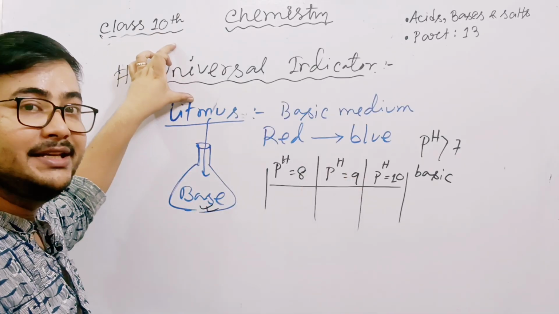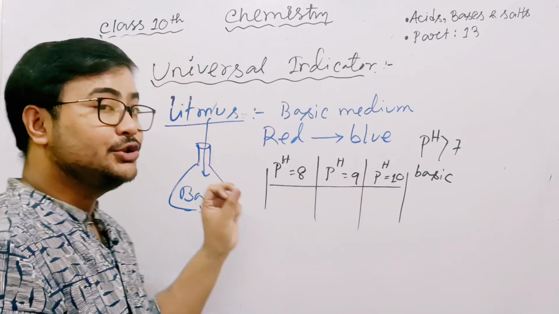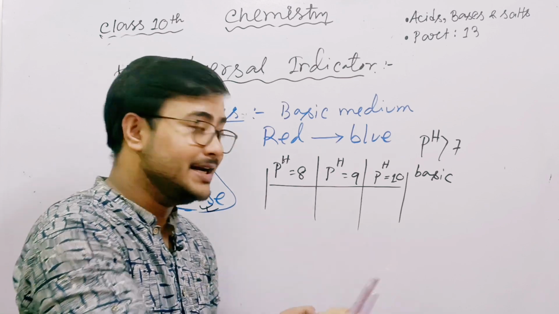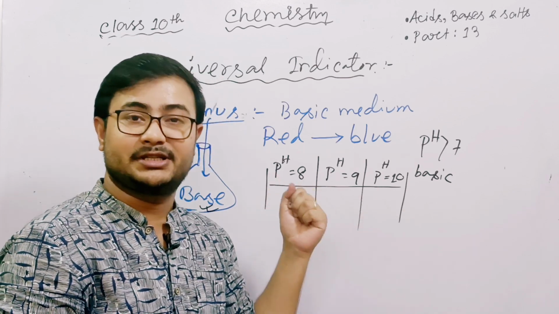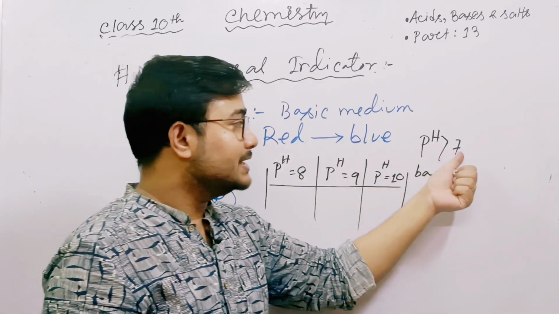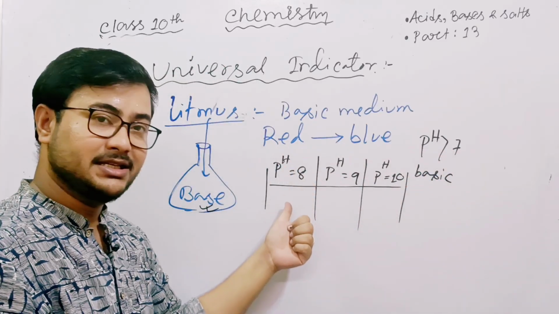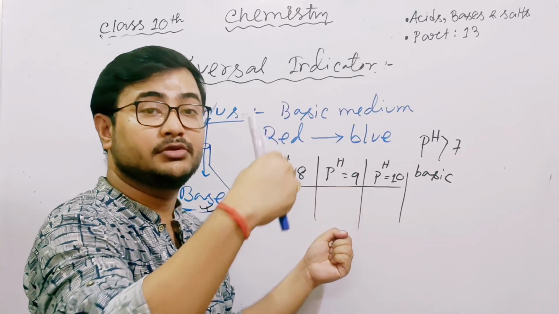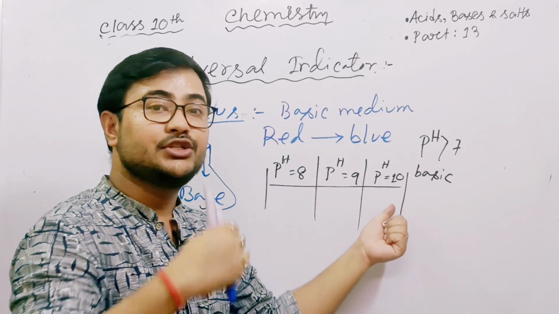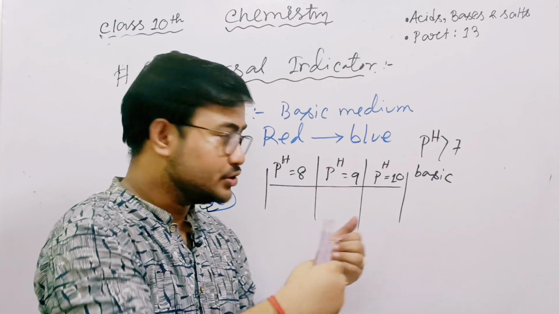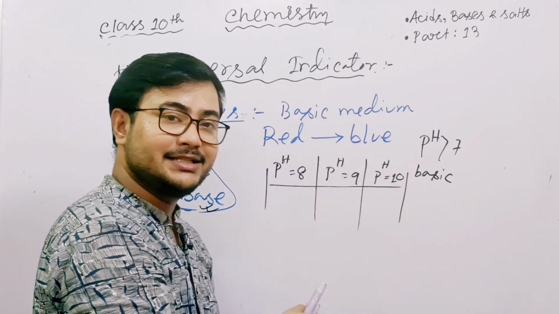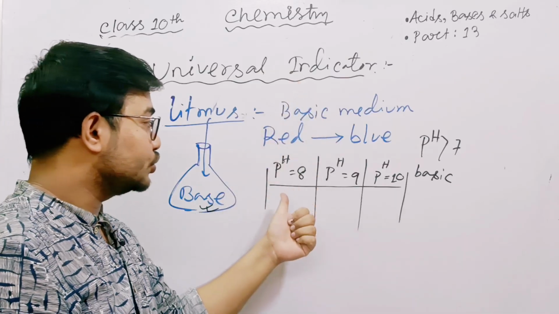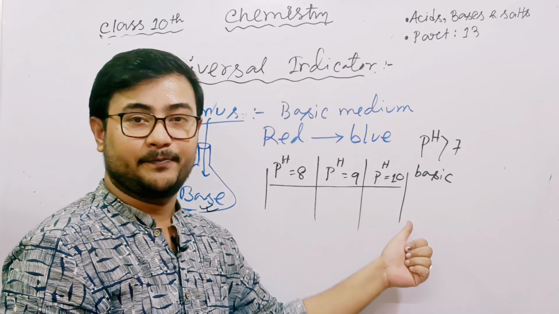But universal indicator shows a different color for different concentrations of the bases. More than 7 means bases, so 8 means base, 9 also base, but 9 means a stronger base, 10 means an even stronger base. So slowly the strength of the base increases. Though all are bases, universal indicator shows a different color for each.